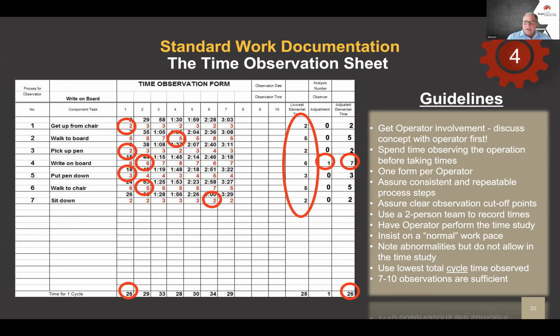Because again, it would be unfair to me to use 25. When I talk about unfair, I never observed 25 or 24 or 23 or whatever other number below 26. I never observed it. So if you do it this way, when you add up those lowest elements, you're usually going to come out with a lower number than the cycle that you picked on the left, which in this case is 26.